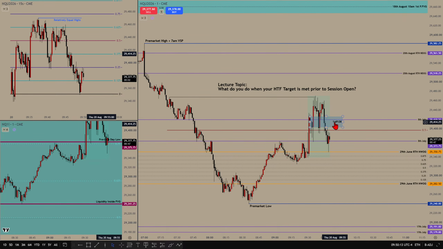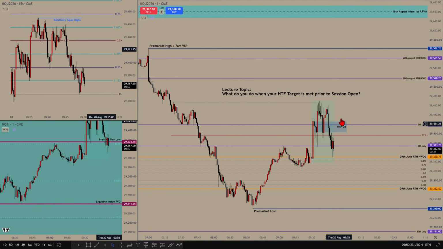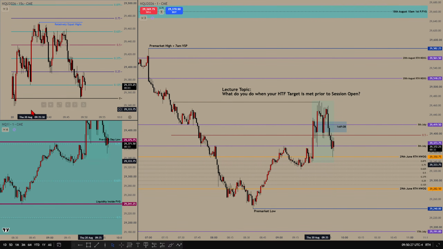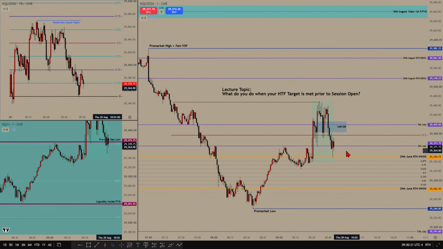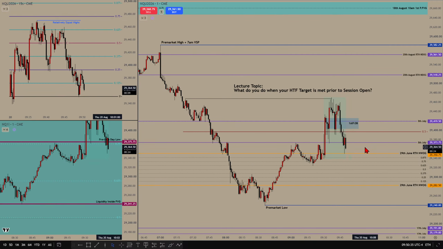But if I don't have that target or it's already been taken, like in this case, we already met a high time frame expectation, then I don't have that same filter. So now I'm considering both sides of the market. I was considering relative equal highs, it failed. I was considering the 930, that one hit, but I still don't have anything clear or decisive that would warrant a trade entry or a one-sided prediction.